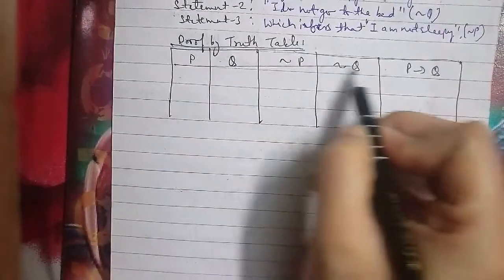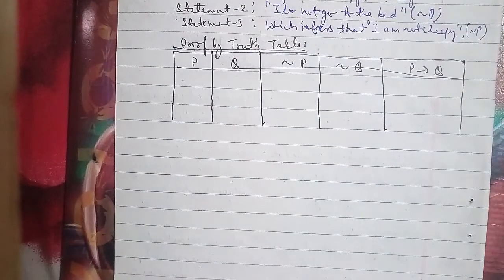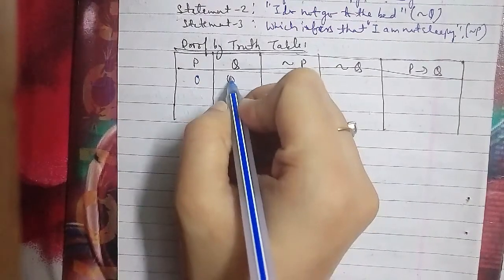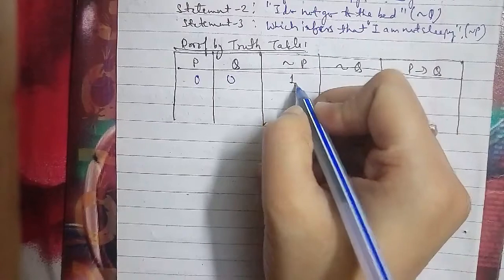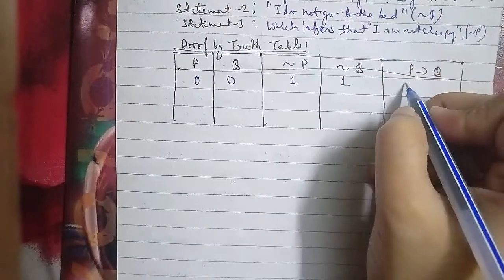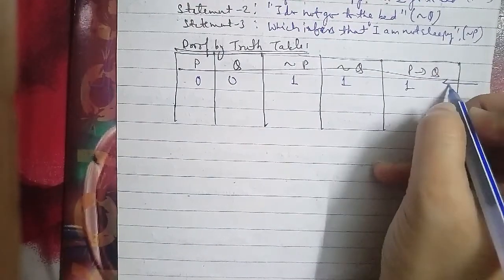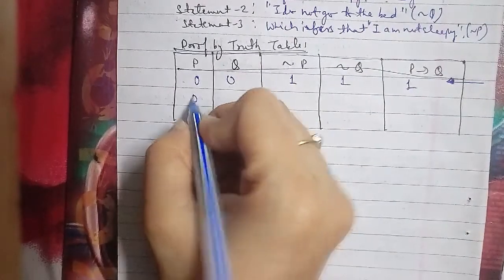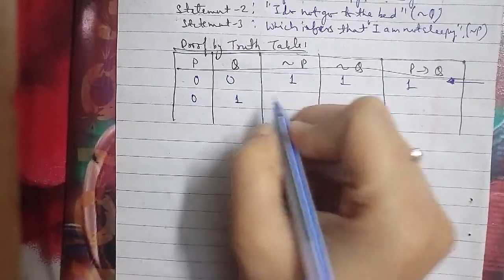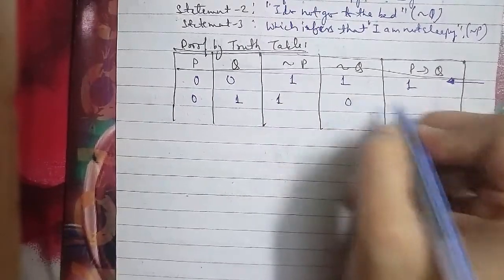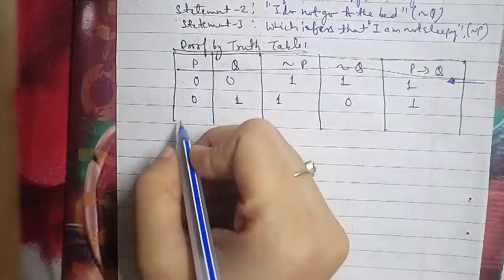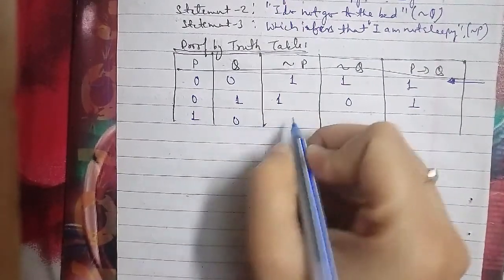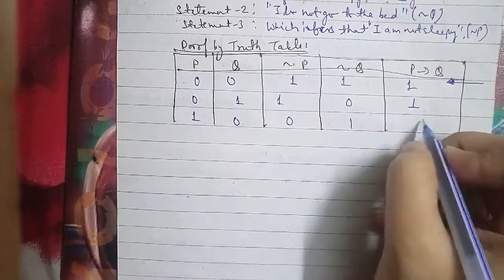If P is 0 and Q is 1, then we have 1. Then again 1, 0, then we have 0. Then we have 1, 1, then we have 1. So this is how you can make a truth table for these three statements.